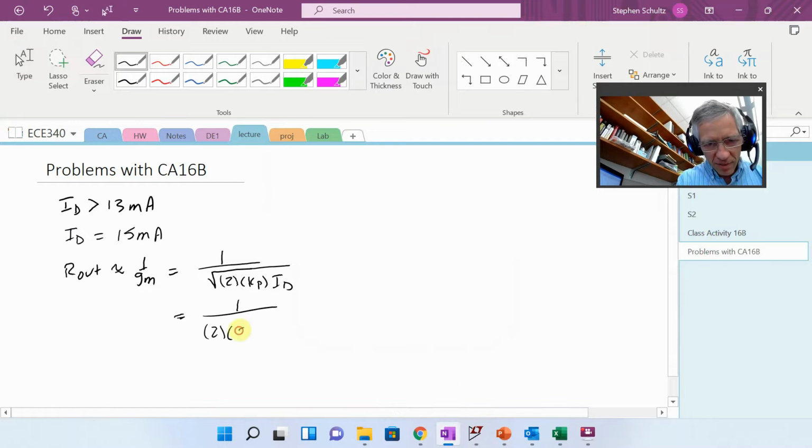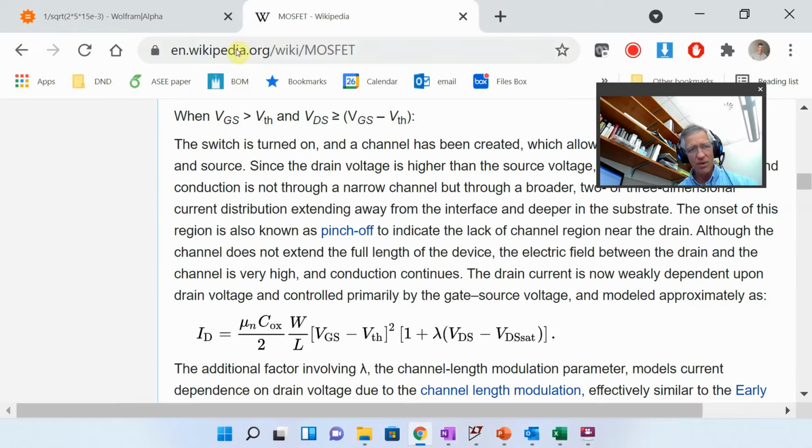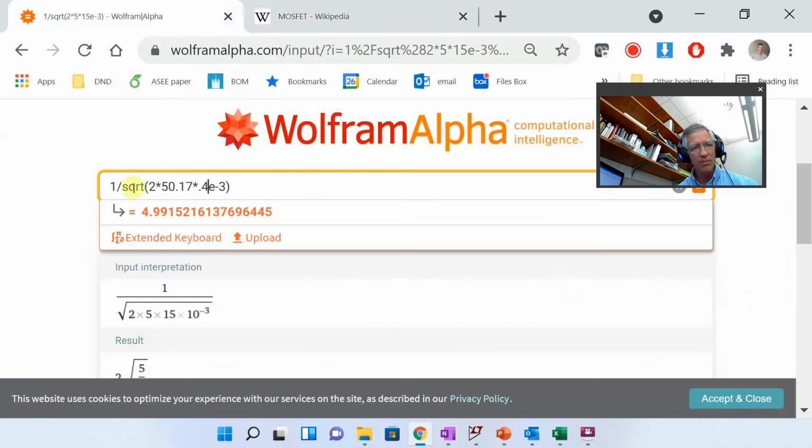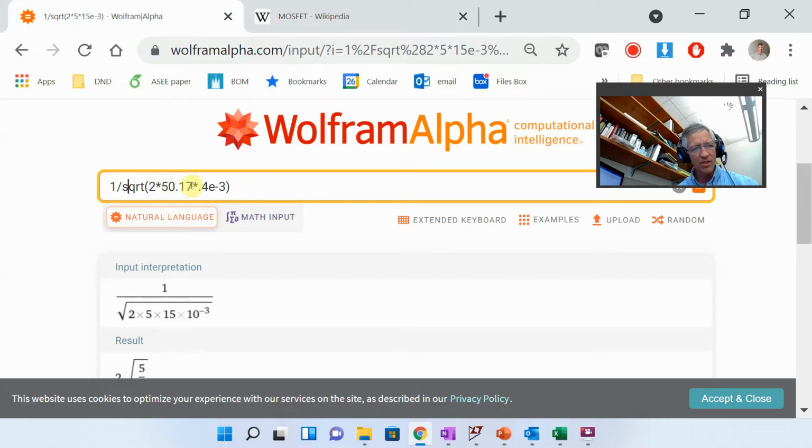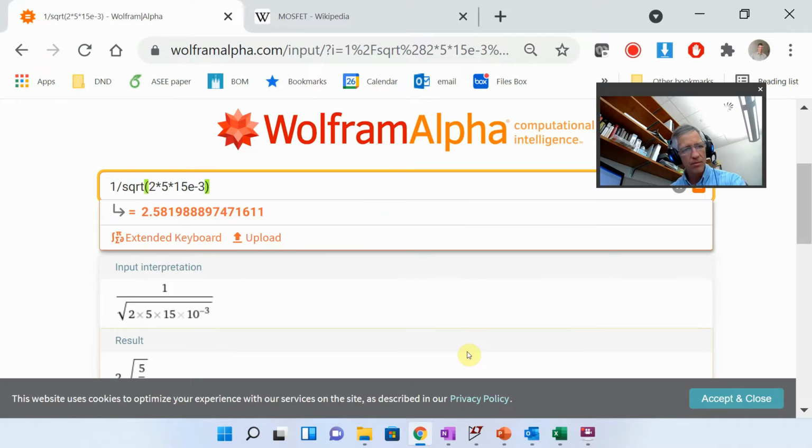So this is going to be 1 over the square root of 2 times 5 times 15 times 10 to the minus 3. Let's see what that resistance will be. So 1 divided by the square root of 5 times 15 millivolts.